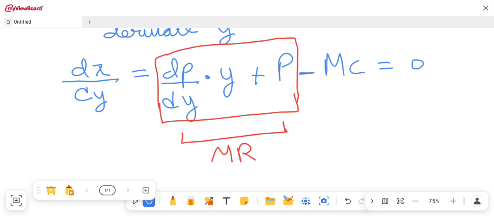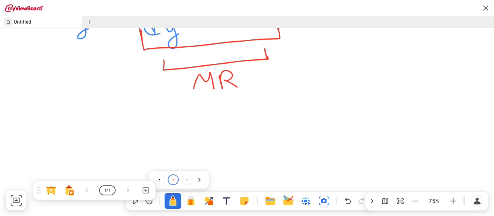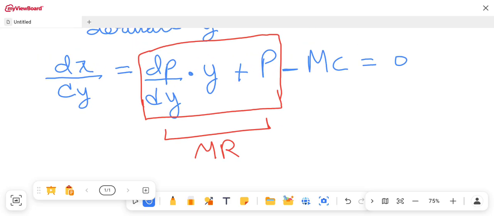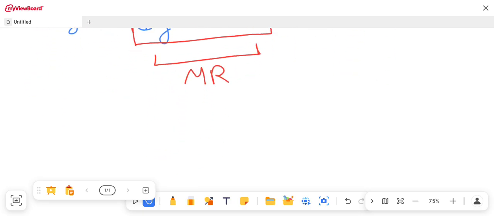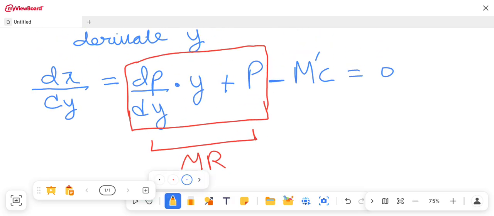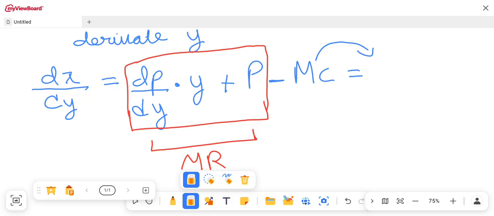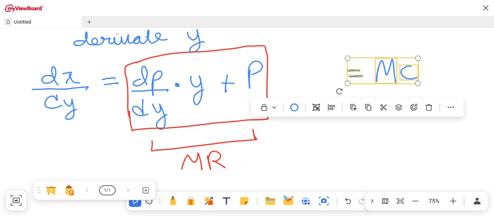Then what happens is we will take the marginal cost to the right hand side. When marginal cost will move here, it will be positive.